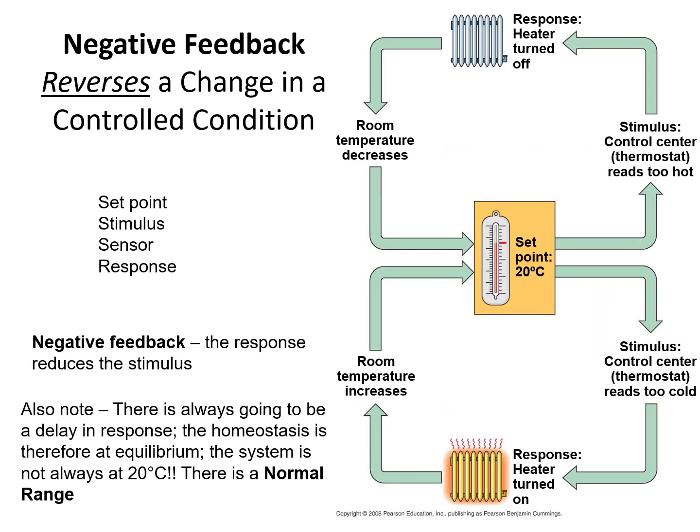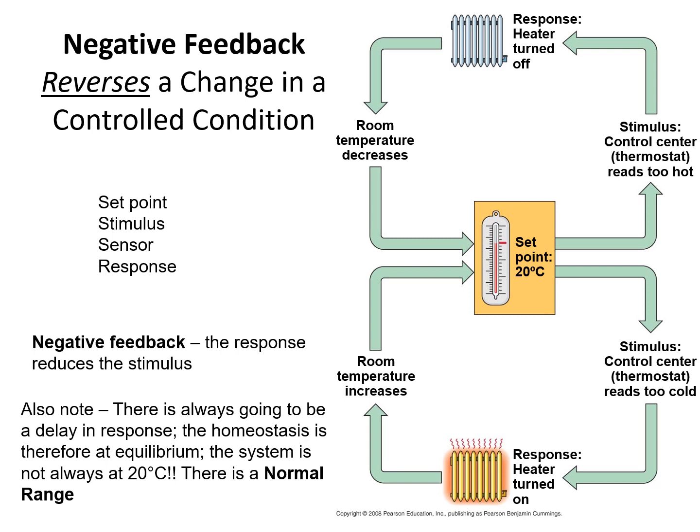Negative feedback is the type of feedback that reverses a change, and that's what I've been talking about so far. That's what is responsible for homeostasis. A nice example would be the thermostat in your house. The thermostat is set to a certain temperature, and let's imagine that you set that to 20 degrees Celsius. If the temperature drops, so let's say it's winter, it's quite cold outside, the temperature drops down to 19 degrees.